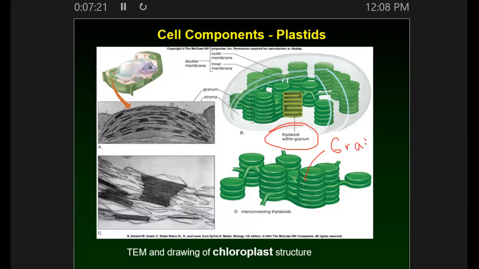GRANA, G-R-A-N-A, is the stacked regions. That's plural. If you talk about just one, it's U-M on the end, GRANUM. I usually say GRANA because we usually talk about plural. But, and then the relatively unstacked regions are called, unfortunately, the stroma lamellae.